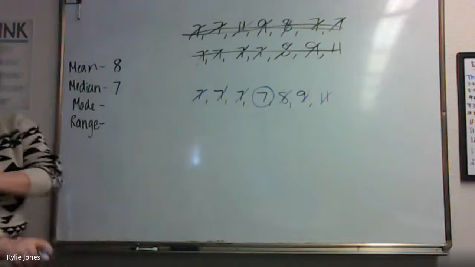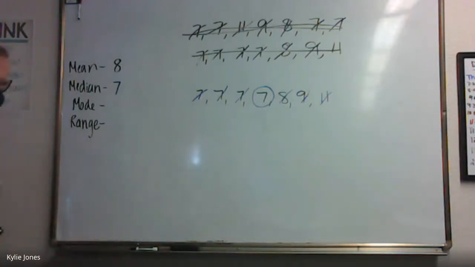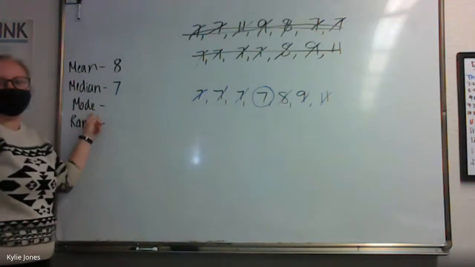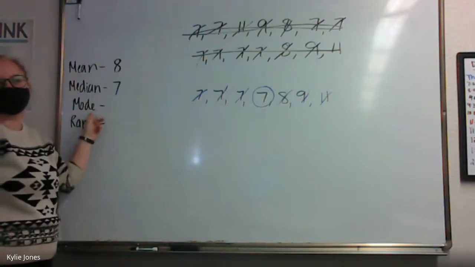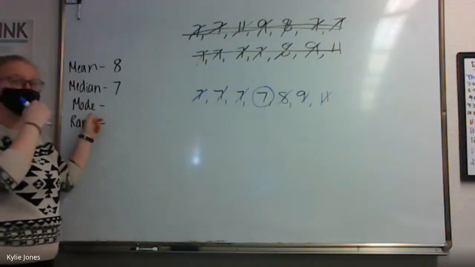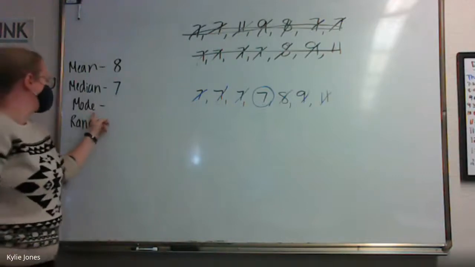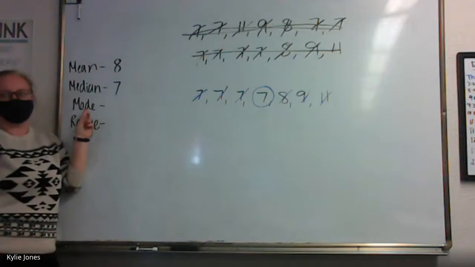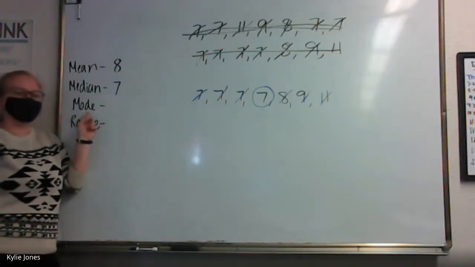Okay. The next one we need to find is the mode. What's another word for mode? Also starts with an M. Mode means... go back to the notes. We wrote in the notes.